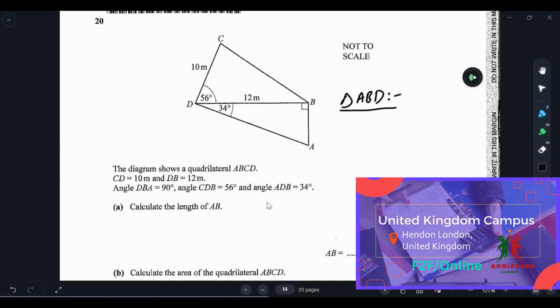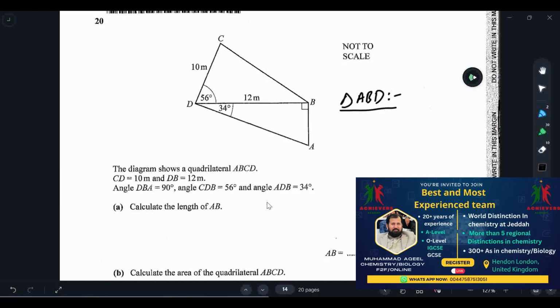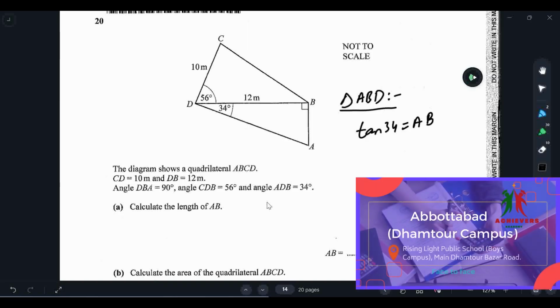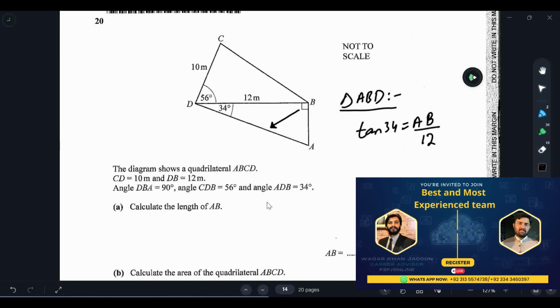So we can easily find the side AB, because if we use tan of 34, this should be equal to perpendicular over base, AB over 12. We know that the side opposite to the 90 degree angle is the hypotenuse, and the side adjacent to the angle will be the base.